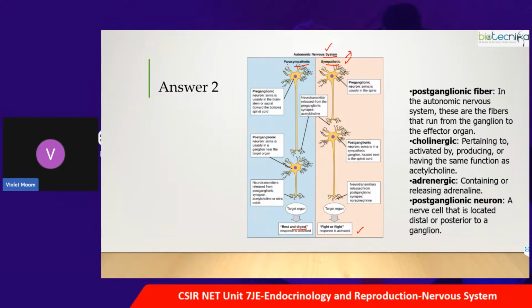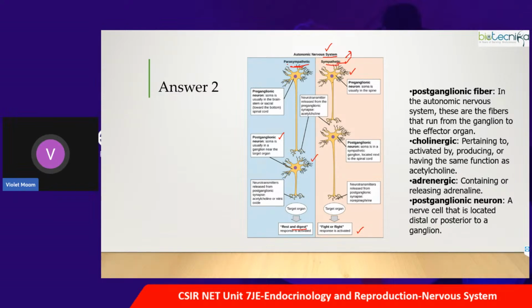Now this is a preganglionic neuron, the first one. The next neuron to which the impulse moves is known as the postganglionic neuron. Depending on whether it is a parasympathetic or a sympathetic neuron, the neurotransmitters are released.